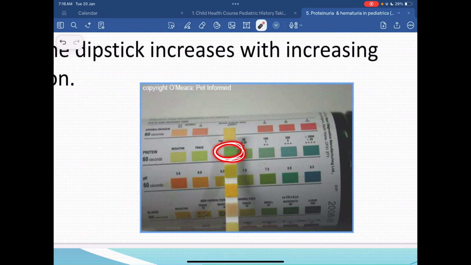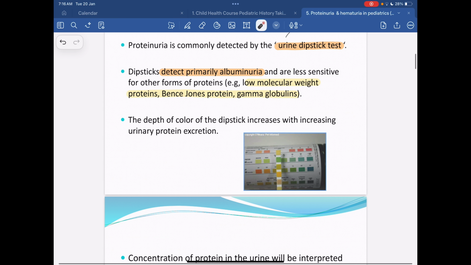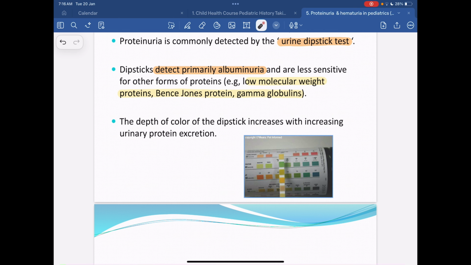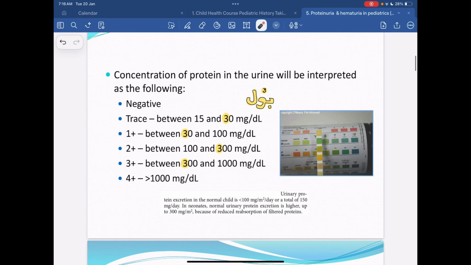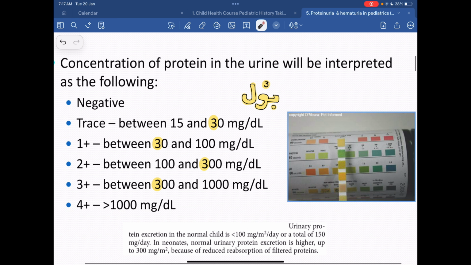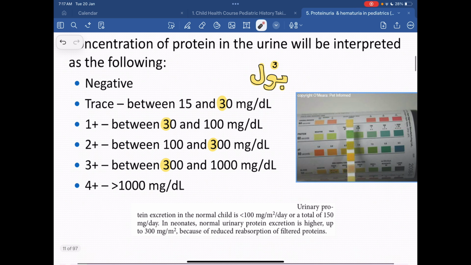We have +1 protein. طيب, هل مهم نعرف +1, +2, +3, +4 إيش هما؟ Yes, it is. طيب, concentration of protein in the urine will be interpreted as following. So أول شيء عشان أتذكره الله يكرمكم boil has 3 letters. You'll see the number 3 is significant in this lecture. برجع على هذا المثال 3 كثير.